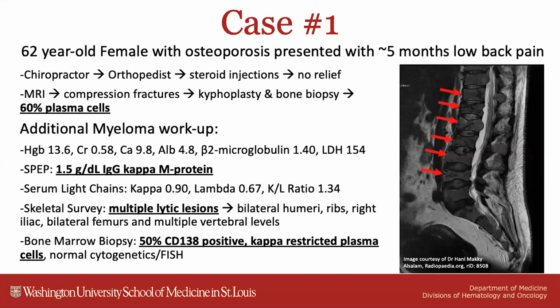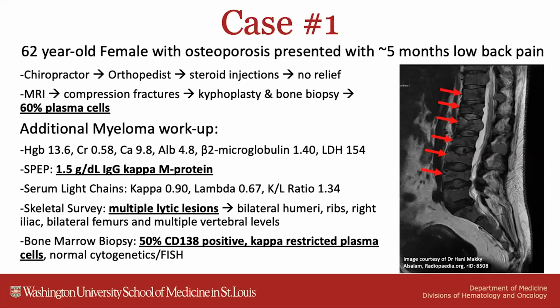And so, of course, this prompted an additional myeloma workup. And we can see some of her lab data here. Her hemoglobin, creatinine, calcium, albumin, beta-2 microglobulin, and LDH were all within normal limits. Her serum protein electrophoresis showed a 1.5 gram per deciliter monoclonal protein. Her serum light chains were normal. However, the skeletal survey showed multiple lytic lesions in multiple areas here.